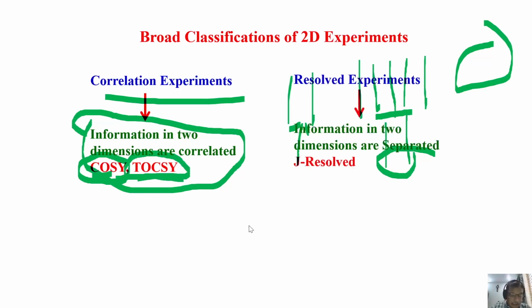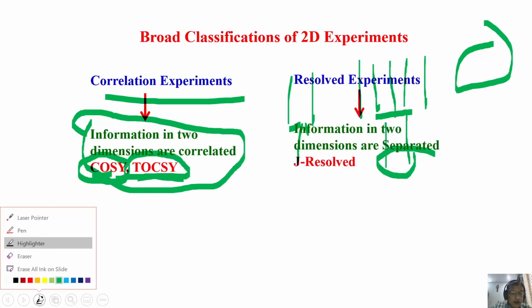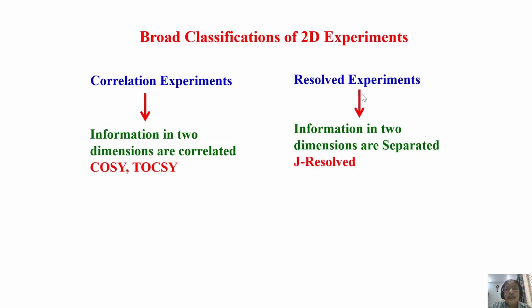Of course, we can do another type of experiment called resolved type experiment. When I looked at the complexity of the spectrum, I said we have chemical shifts. In addition to that, multiplicity is there because of J coupling. This multiplicity comes because one proton is coupled to many other protons bonded to it, which have interactions with the neighbors.